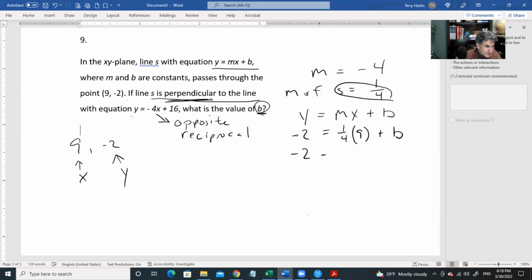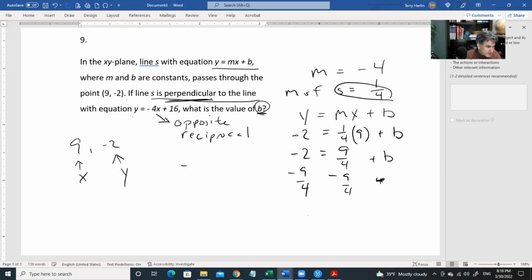So -2 equals 9/4 plus b. Let's subtract 9/4 from both sides. Okay. And I want to turn that into fourths, so we have a common denominator here.